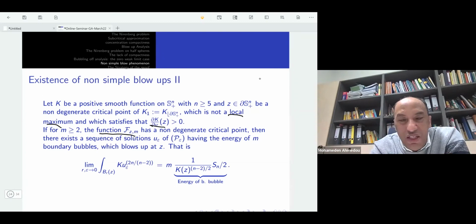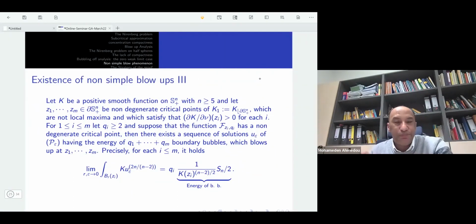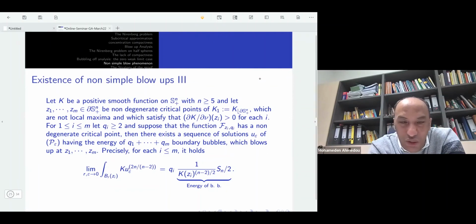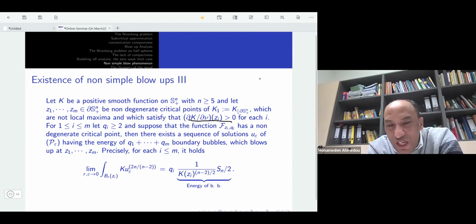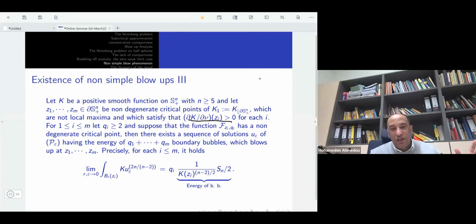So if you have a situation where you have many critical points of K1, which are not local maxima, and such that also the normal derivative is positive. So these are all necessary conditions to have a blow up.